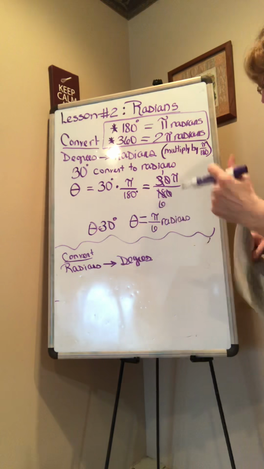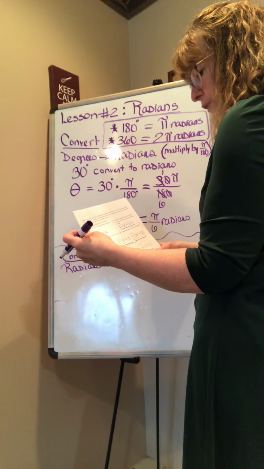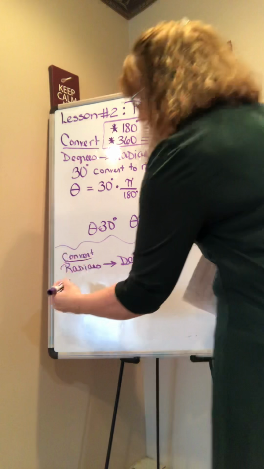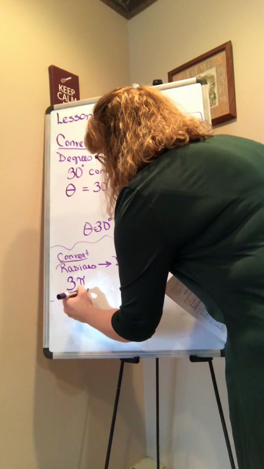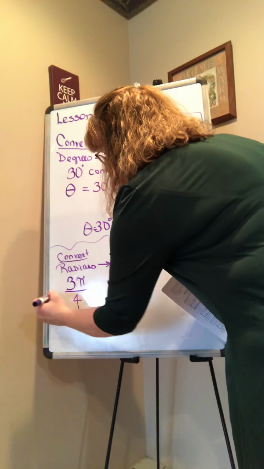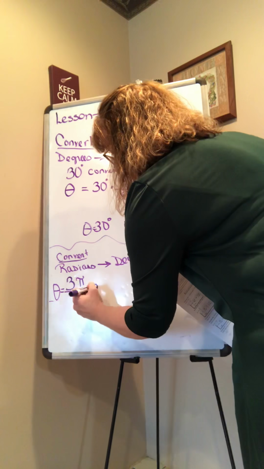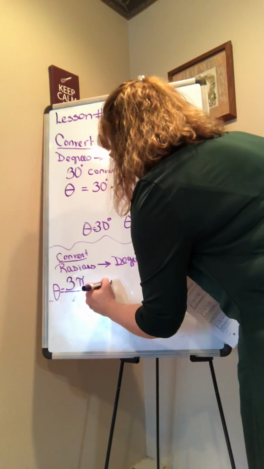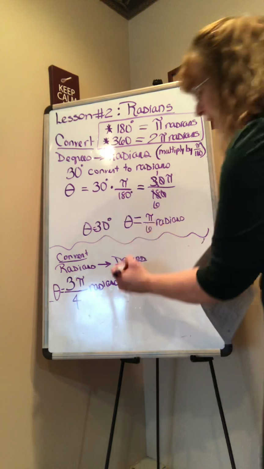Now, what if I was in radians? If I have a problem in radian form, let's say I have 3 pi over 4 radians. Here's my angle now, 3 pi over 4 radians, and I want to convert this to degrees.